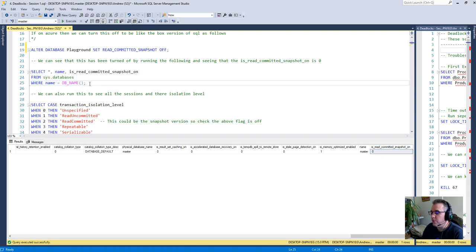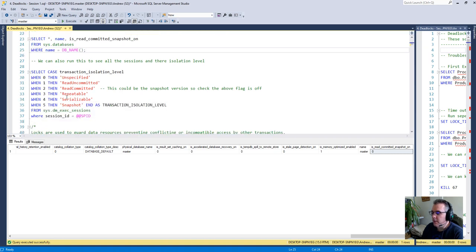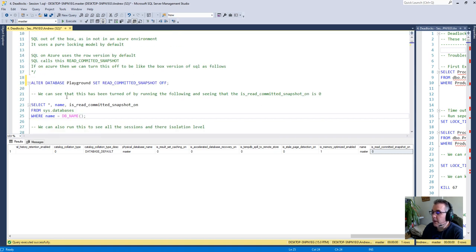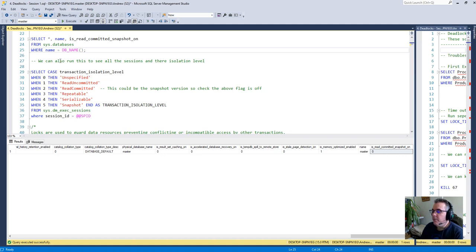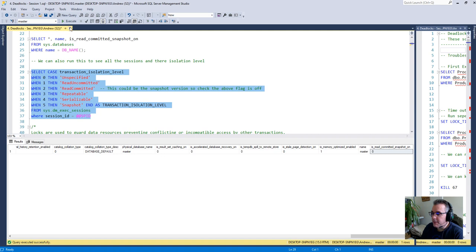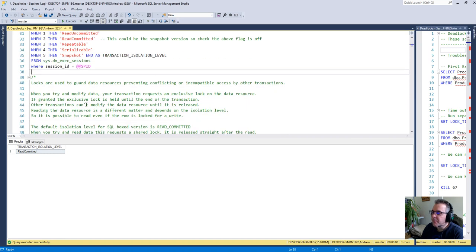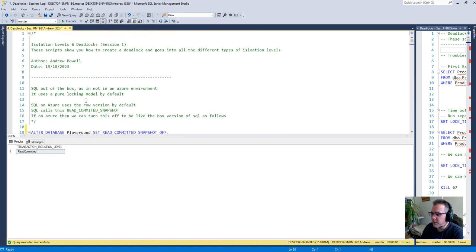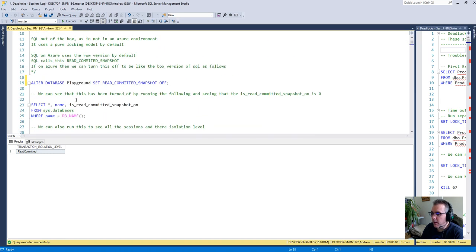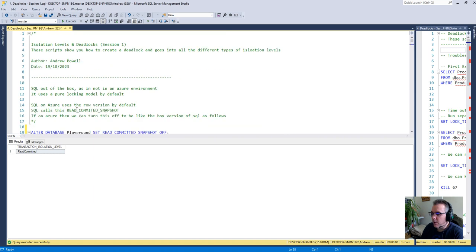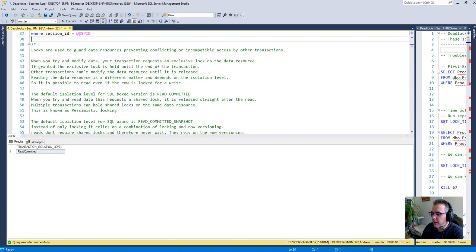If you were on Azure, run that, and that would put it in the read committed isolation level. We can also run this to see all the sessions and their isolation level, and we can see that the one we've got is read committed. So now we've set things up. Snapshot off, read committed, all good.